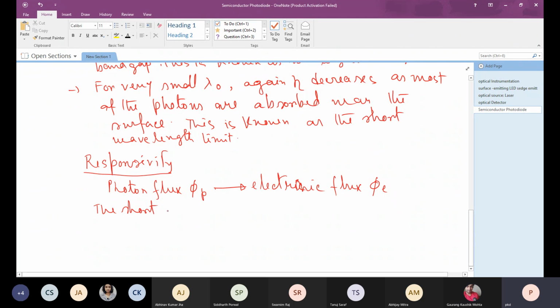So we are discussing responsivity. For photon flux phi p, correspondingly we have an electronic flux phi e.